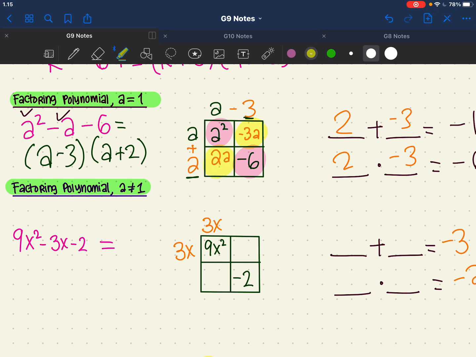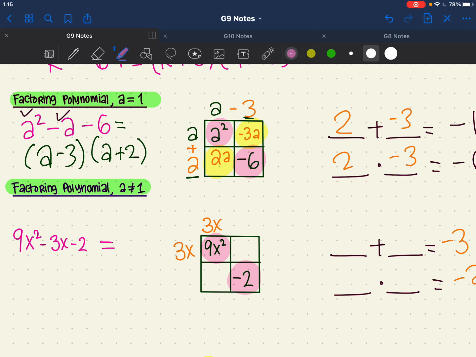Okay. So as you guys can see, if I multiply the pink terms, -6 times a squared, it's equal to -6a squared. And then I'm going to multiply 2a times -3a. That is also equal to -6a squared. So that same pattern carries out here as well. So it turns out the diagonal boxes will be equal to the other diagonal boxes.